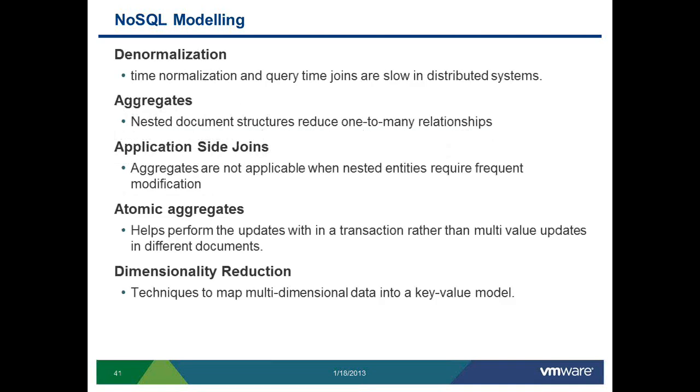Some of the modeling patterns are denormalization, which is a general concept that we also use in a regular data warehouse. Typically, in a traditional data warehouse, we have a time dimension and a fact table holding the time information, and generally we link them by a surrogate key. The time dimension will be separately populated in a dimension table, and the fact will be linked by a surrogate key.